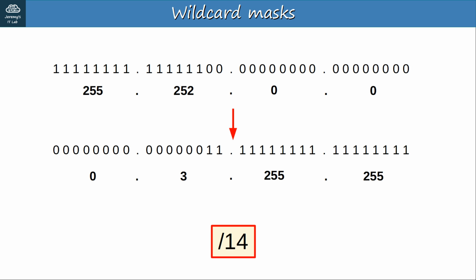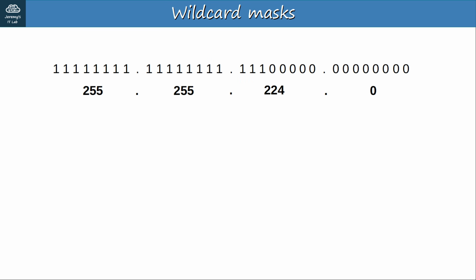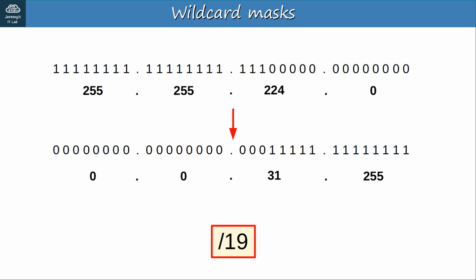That's how you write a /14 prefix length as a wildcard mask. Let's do one more for now. Pause the video now and convert this subnet mask into a wildcard mask. Okay, here's the answer. 0.0.31.255, which is a /19 prefix length written as a wildcard mask.